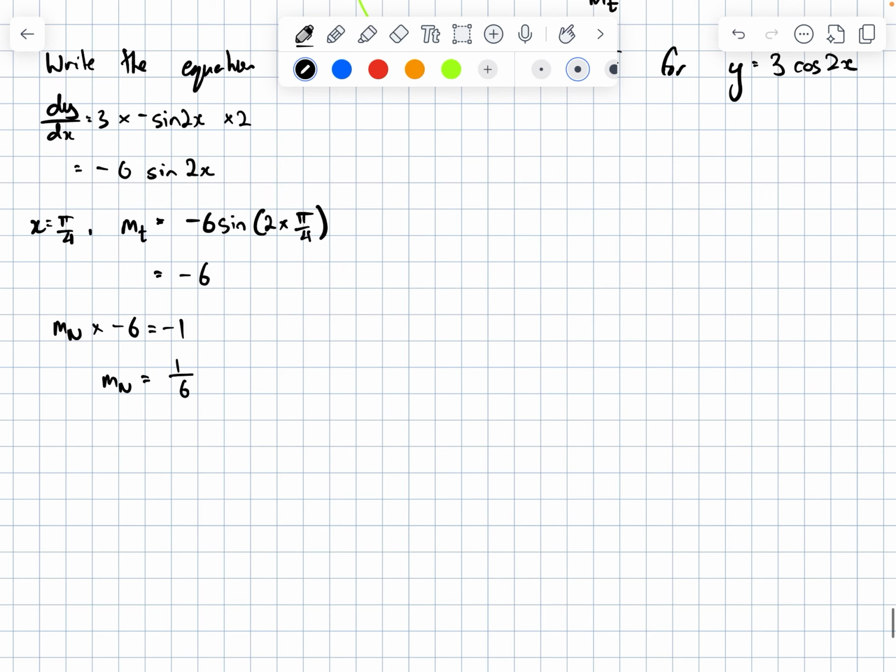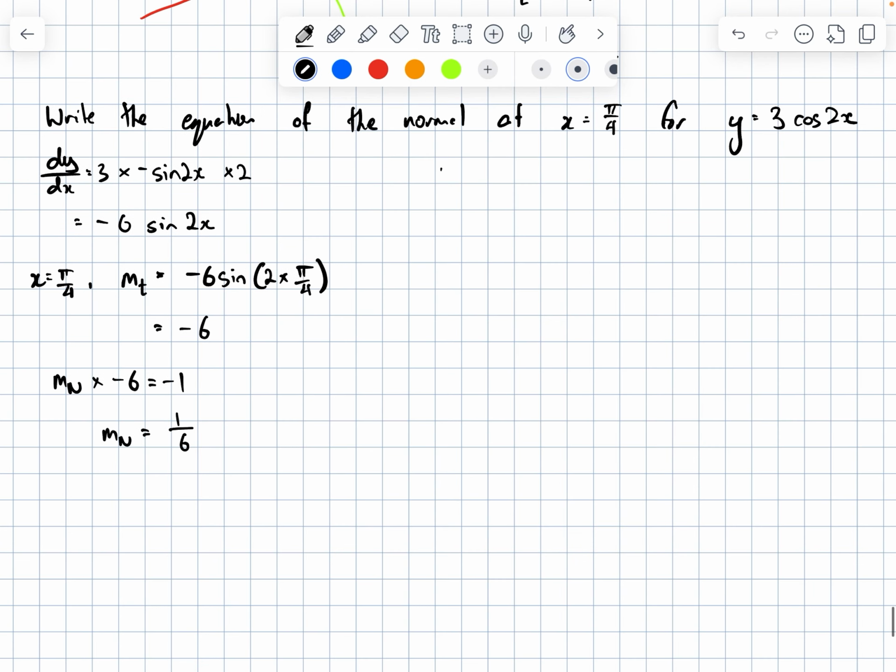Now, that is the gradient of the normal, but we need to write it as an equation. The general equation that you should learn is y minus y1 equals m(x minus x1), where we've got 3 important parts of this: y1, m, and x1.